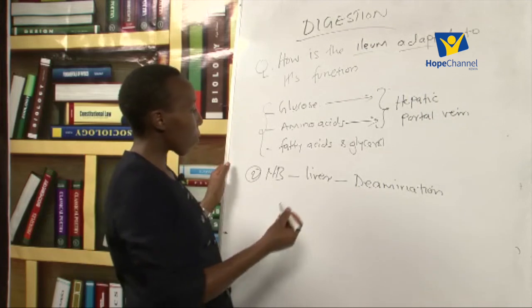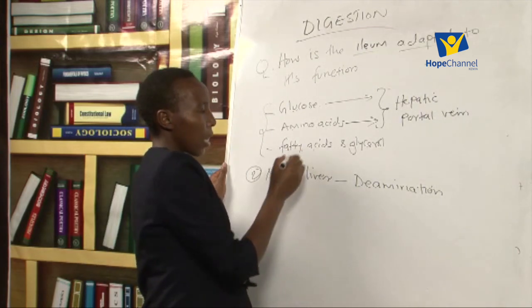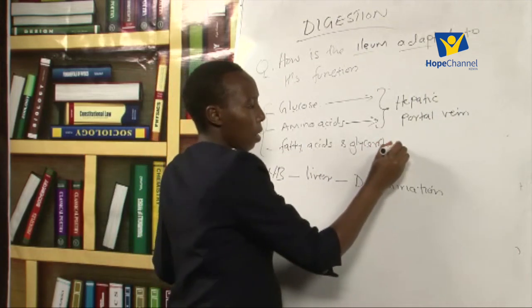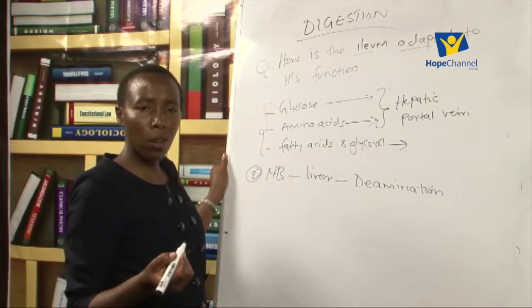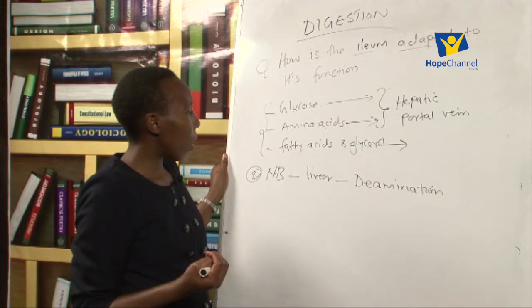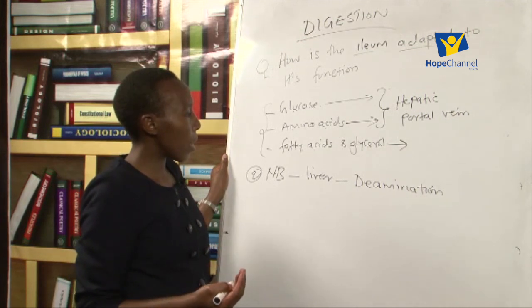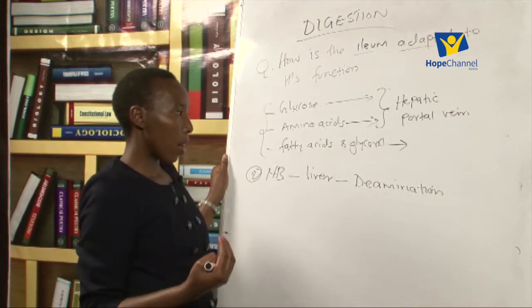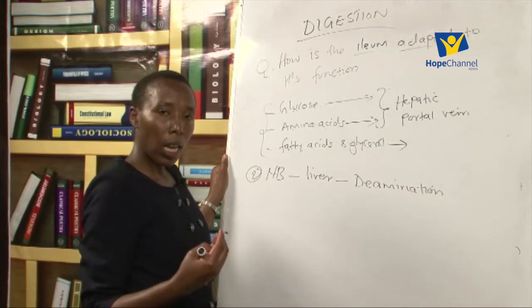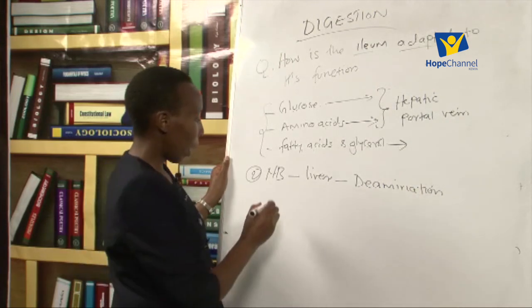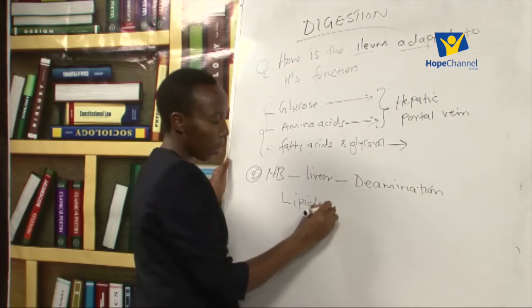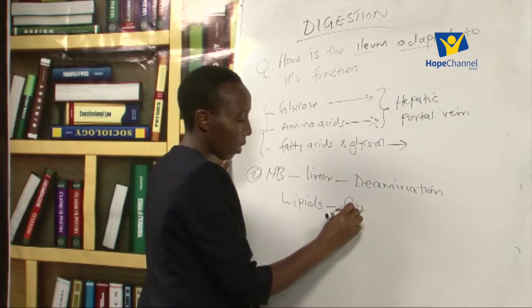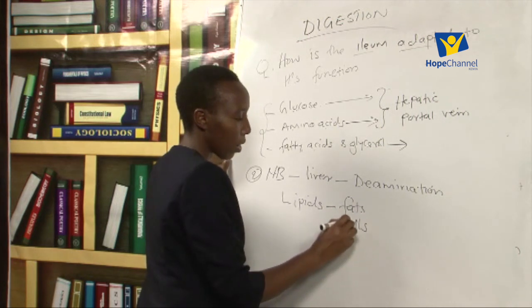Then what happens to the fatty acids and glycerol? From the basic knowledge that we have, fatty acids and glycerol are end products of breaking down the lipids. And we know that the lipids include the fats and oils.